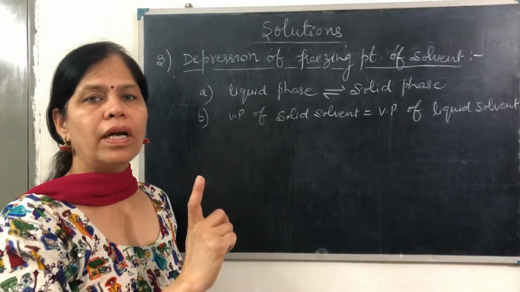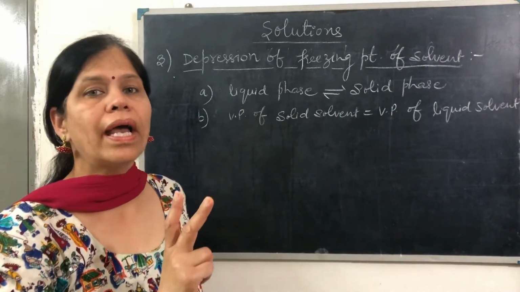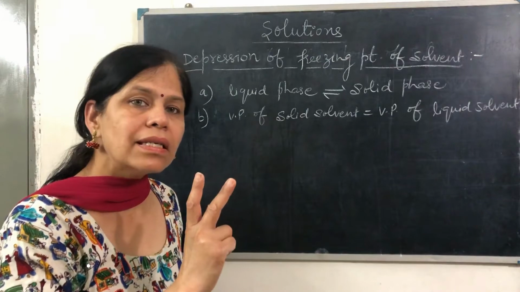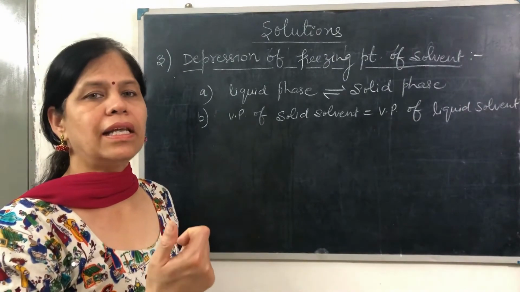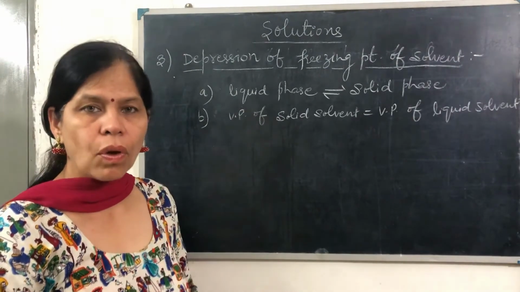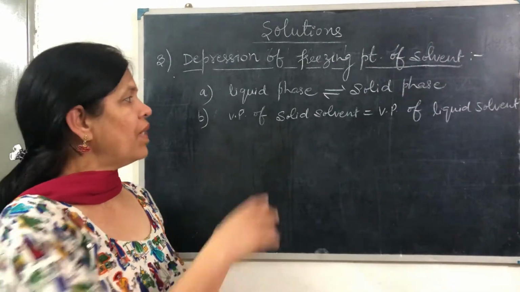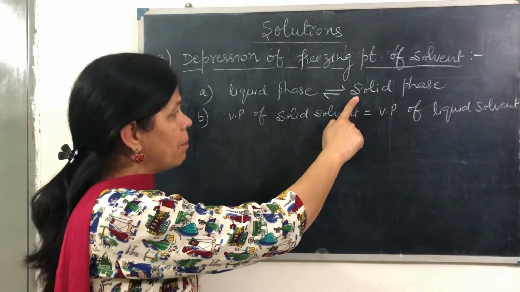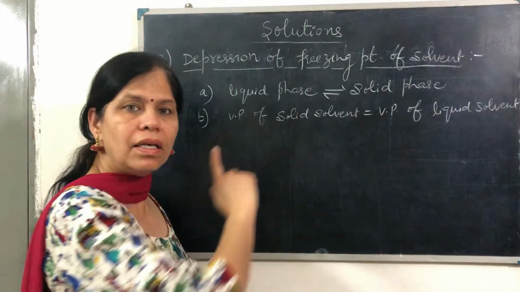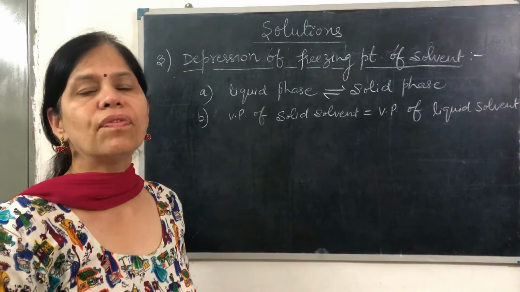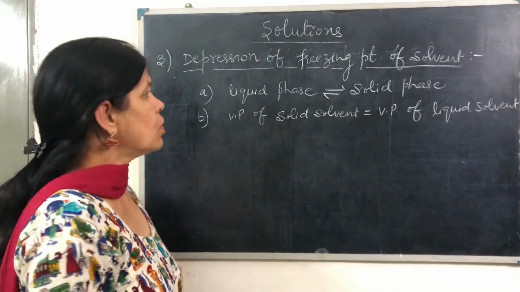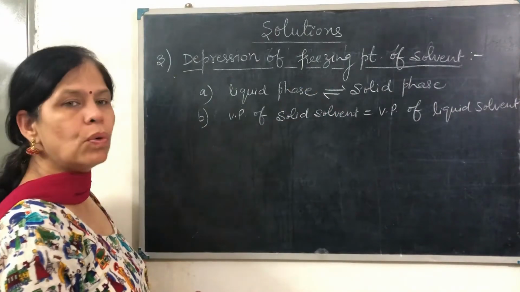At freezing point, both the states coexist. What are those two states? One is solid, other is liquid. When liquid and solid coexist, when they are in dynamic equilibrium, when their vapor pressures are equal, that is the freezing temperature. So this is about the pure solvent.